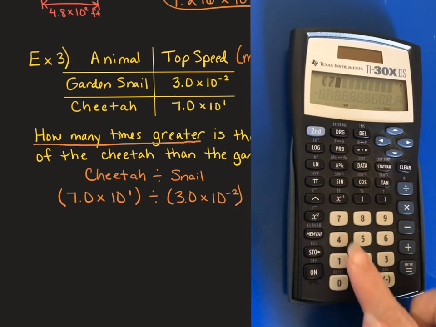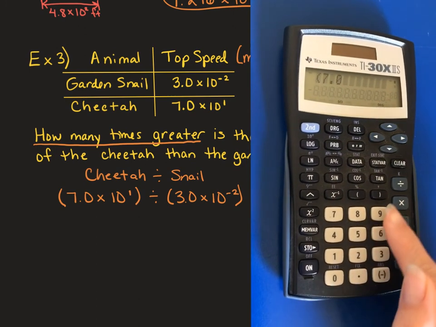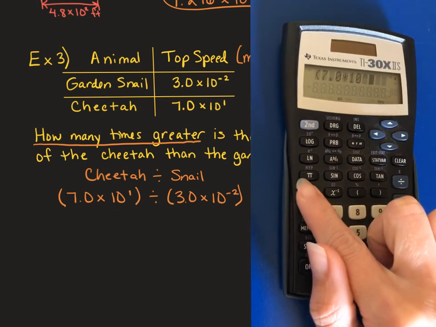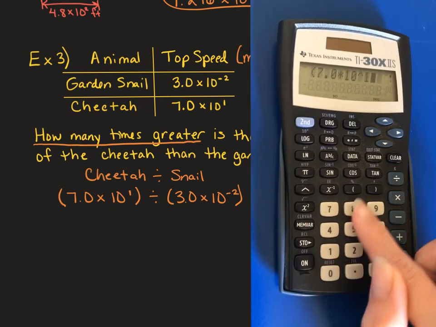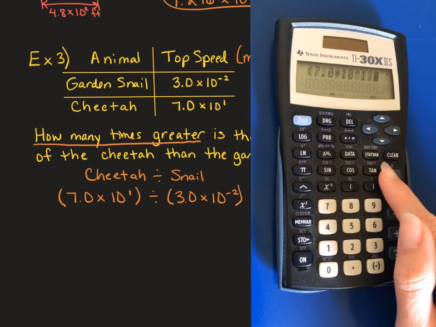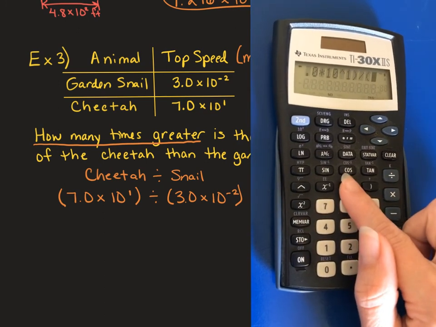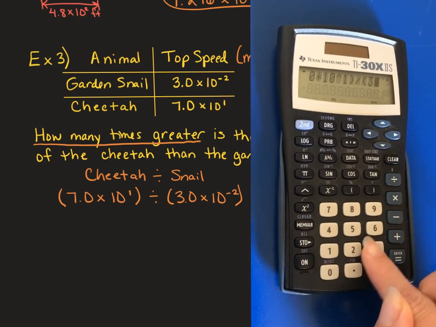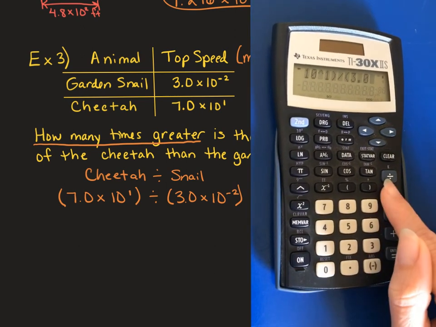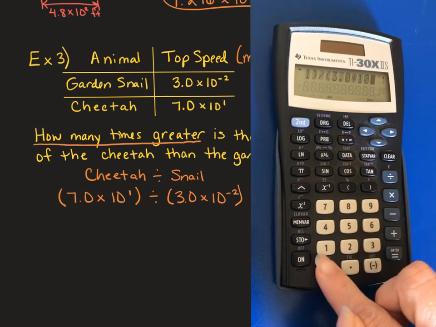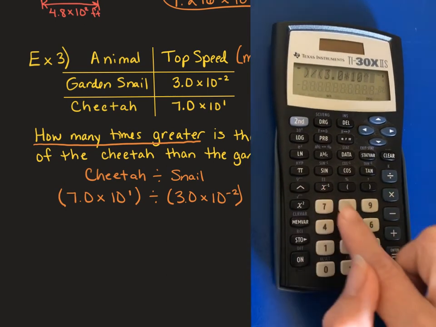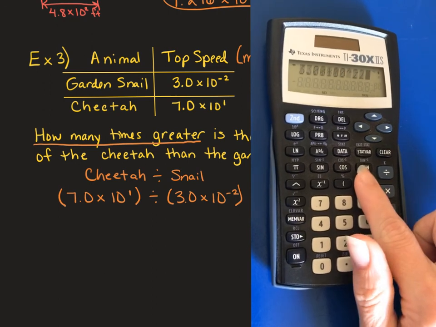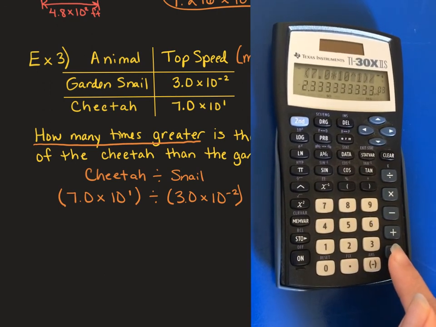Okay, so we're going to plug in parenthesis 7.0 times 10, caret symbol, raised to the 1st power, close your parenthesis, divided by, open parenthesis, 3.0 times 10, caret symbol, to the negative 2nd power. Close the parenthesis and hit enter.